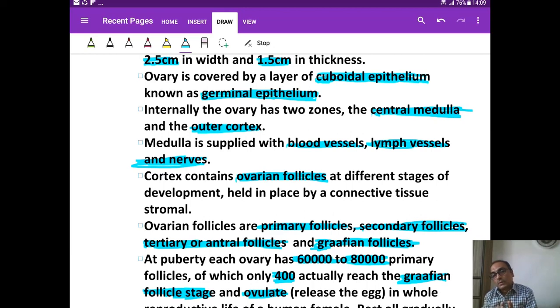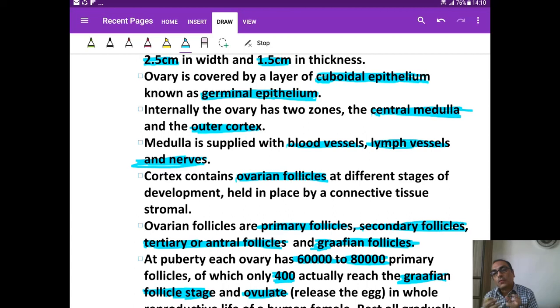If you see the reproductive period of the human female, how many years are available right from puberty till the end of the reproductive age, and you count the number of months, that will be approximately more or less 400.